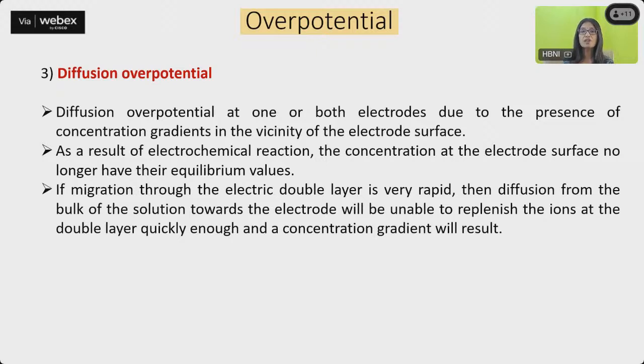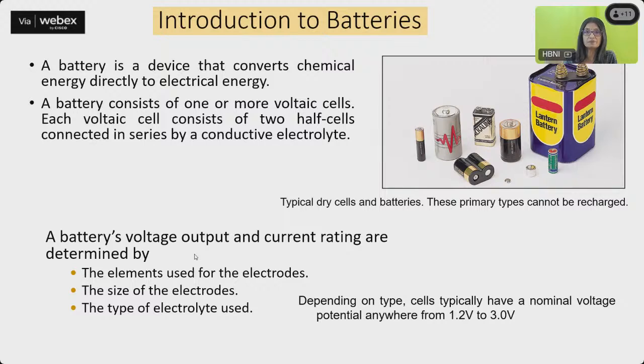As a result of the electrochemical reaction, the concentrations at the electrode surface no longer have their equilibrium values. If migration through the electric double layer is very rapid, then diffusion from the bulk of the solution towards the electrode will be unable to replenish the ions at the double layer quickly enough. And so you are going to have a concentration gradient. This is the reason why you see a diffusion overpotential.